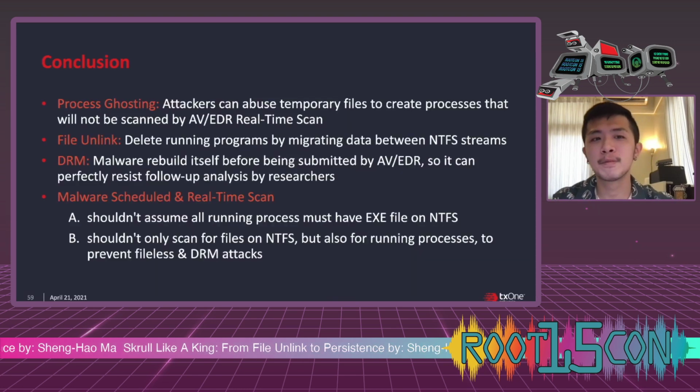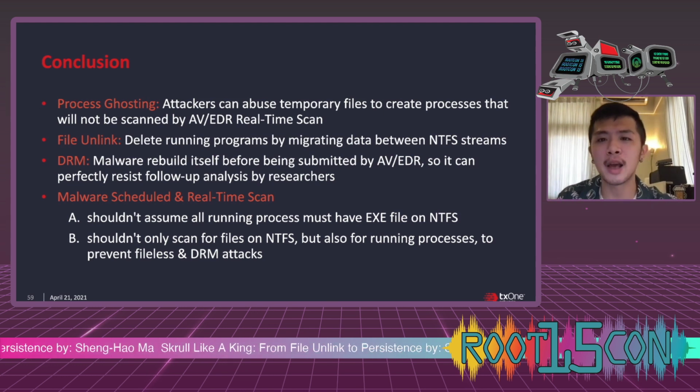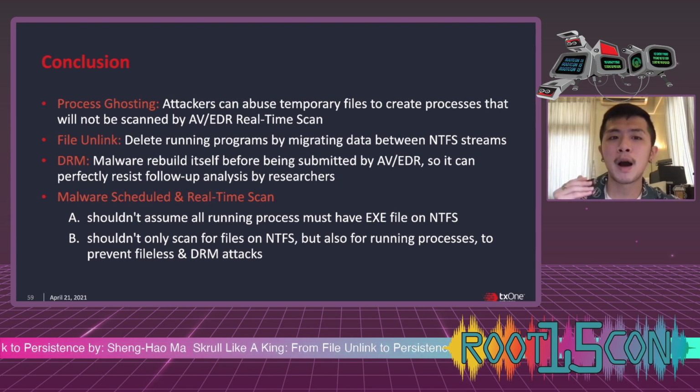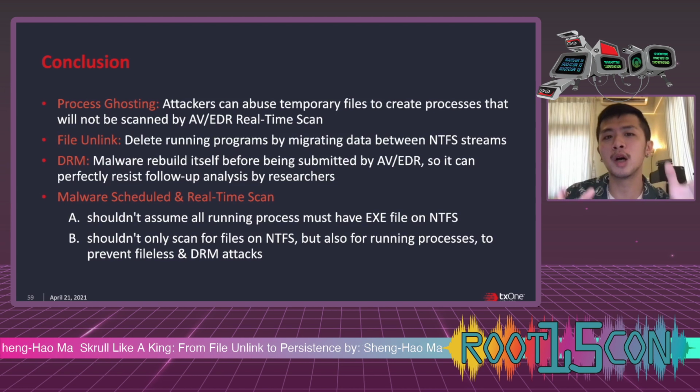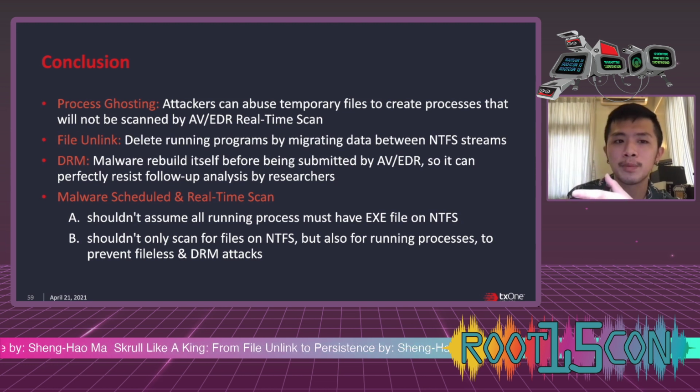Conclusion: for attackers, we can abuse a transacted file to create a process that will not be scanned by the antivirus real-time scan. Also, by moving the data to another different stream, we can delete a running program file.